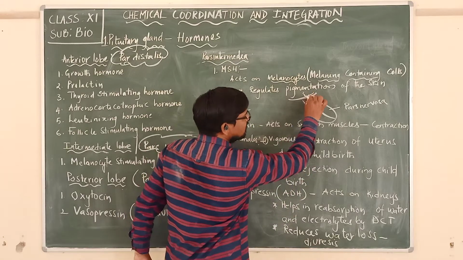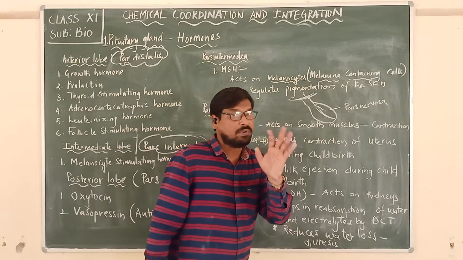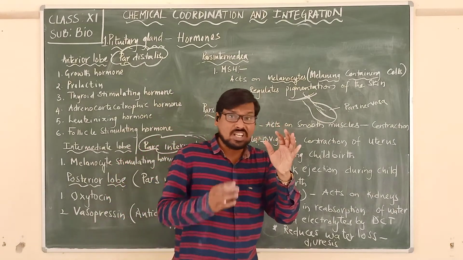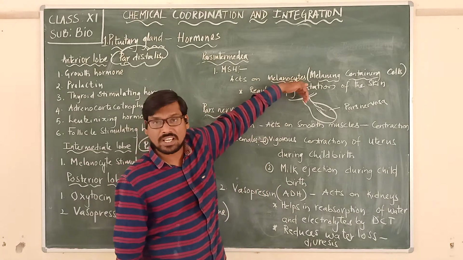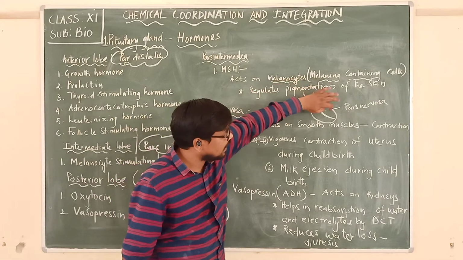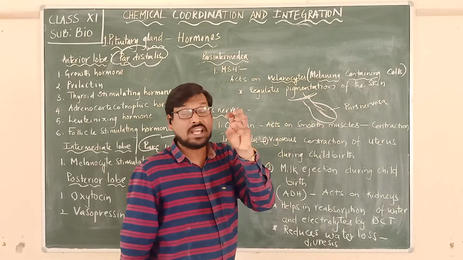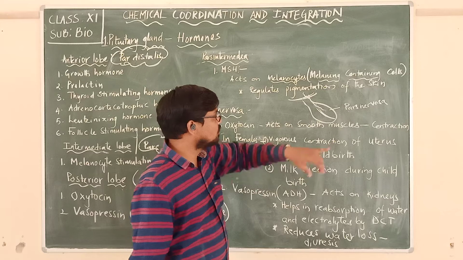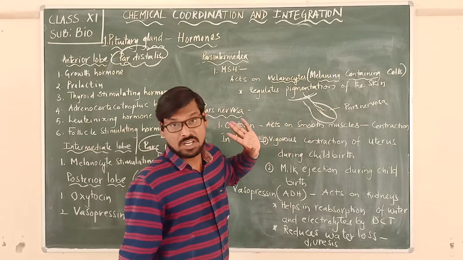Those neurosecretory cells are directly entering into the pars nervosa. Please remember this. Hypothalamus is rich in neurosecretory cells. These neurosecretory cells directly enter the pars nervosa, and they release these hormones into the pars nervosa.